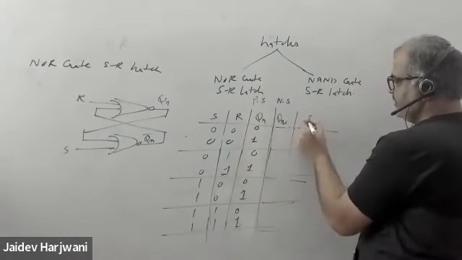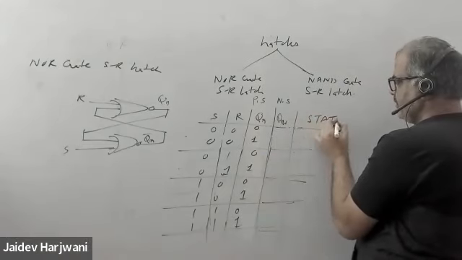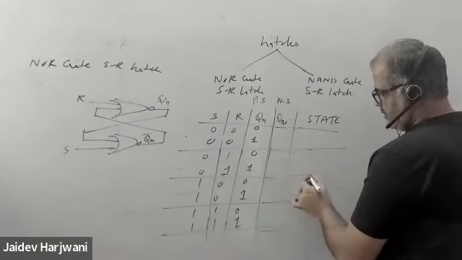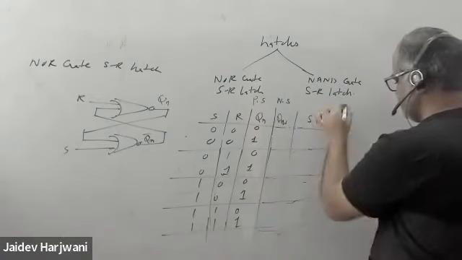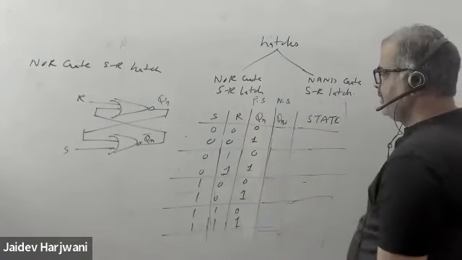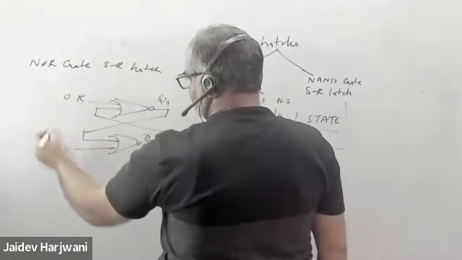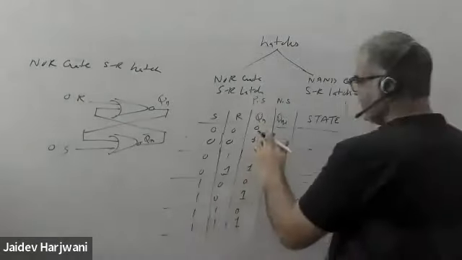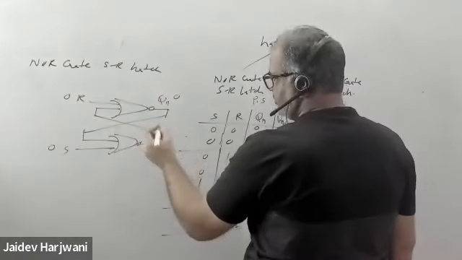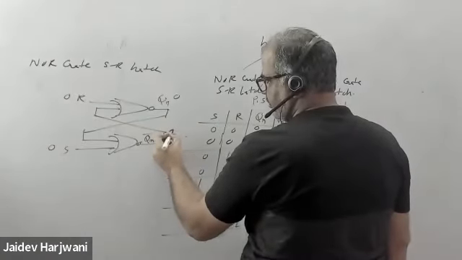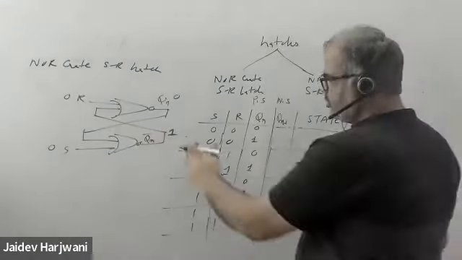Now, what is the state? I'm applying 0 0 here. This is 0, this is 0, and the present state is 0. So Q is 0 and Q bar is 1.